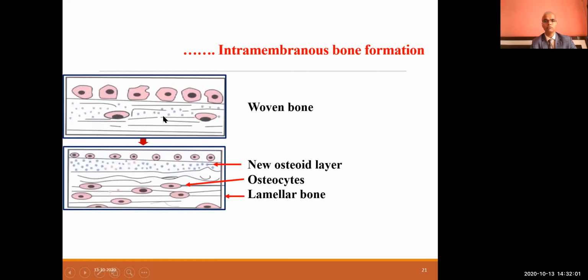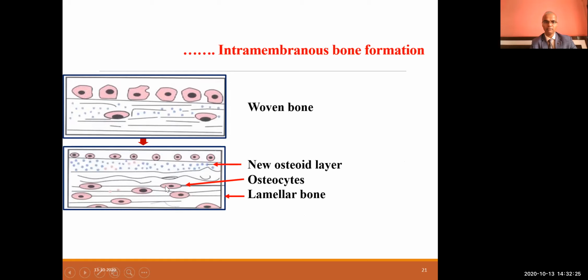These are the woven bone. Here, first the osteoid is secreted, then calcified. These are the osteocyte cells, which are entrapped during the mineralization. These are osteocyte cells, lamellar bone, and this is a newly formed osteoid layer.